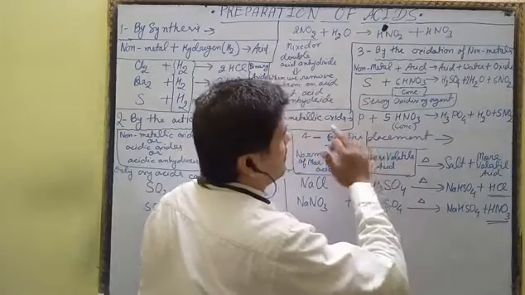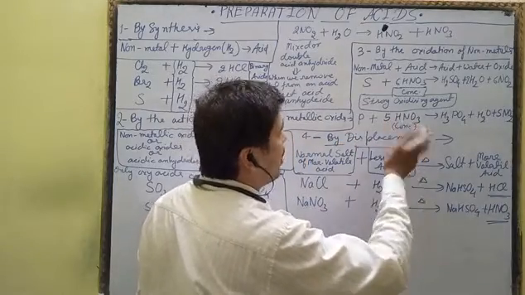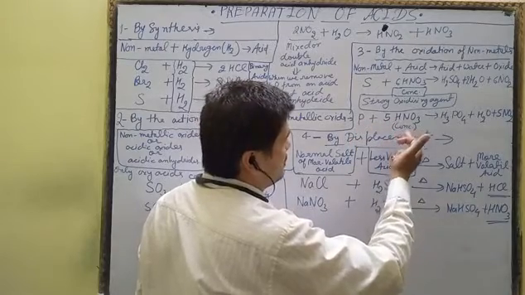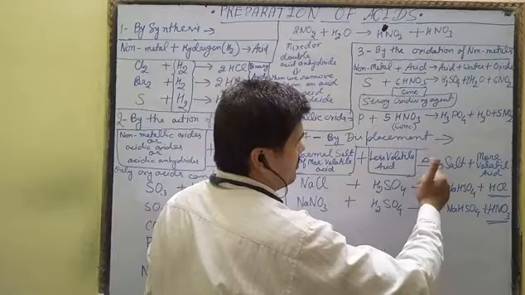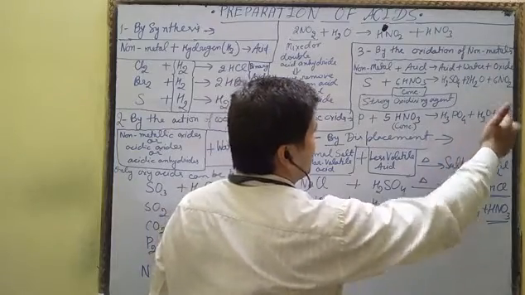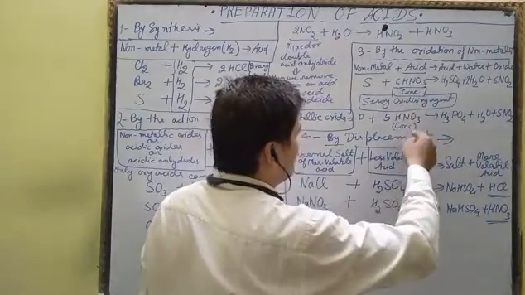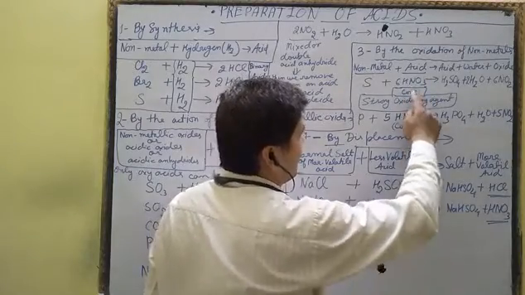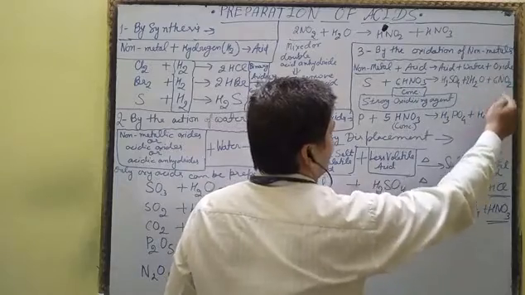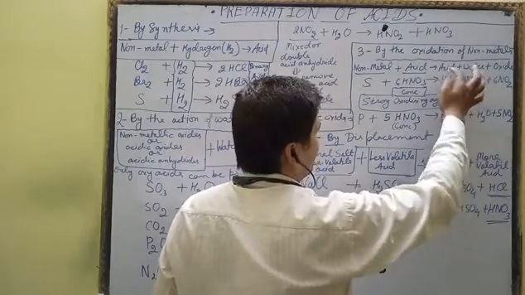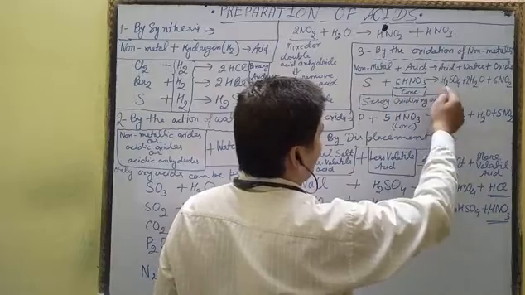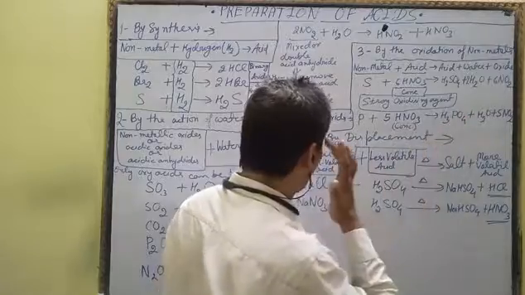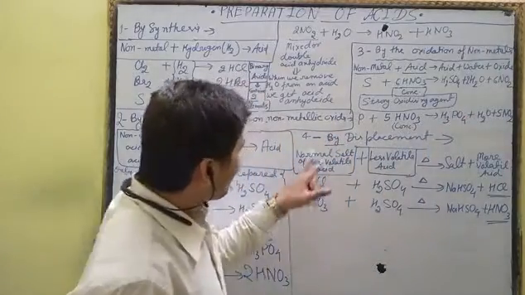Phosphorus is oxidized by HNO3 to form H3PO4 plus H2O plus nitrogen dioxide. In both reactions nitric acid is the oxidizing agent, forming an oxide of nitrogen. Water is common, and the acids are H2SO4 from sulfur and H3PO4 from phosphorus. Okay, it is clear.